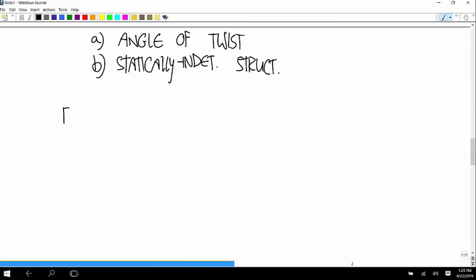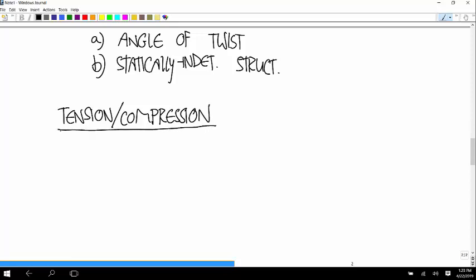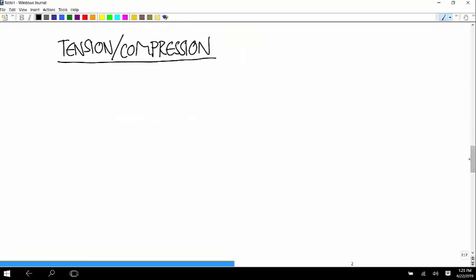Okay, so first I'm going to start with tension, compression, and so let's say that we have a section of beam where the internal load at every point along this beam is positive T. For the internal tension to be positive T, we'd have to have external load like this.